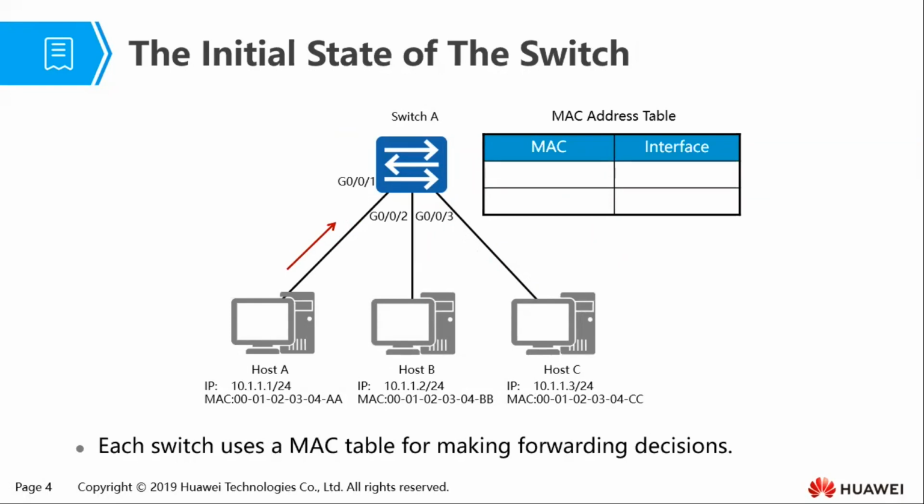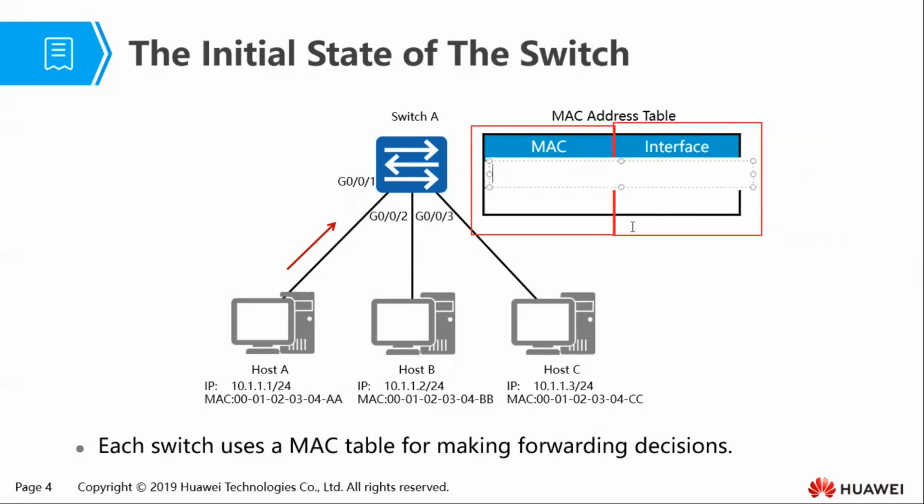So this is what we call the MAC address table. The MAC address table has two columns, one column for the MAC address and the next column for the interface via which that particular device is connected. The table is used to create a mapping between the MAC address of a device and the interface via which it has been connected.